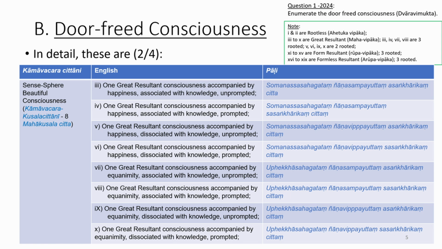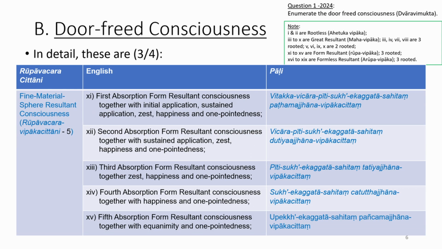So 7 and 8 are one pair. Then 9 and 10 are another pair. So 7 to 10 are accompanied by equanimity. Four of these resultants are accompanied by equanimity, and they are the Mahavipaka Cittas.